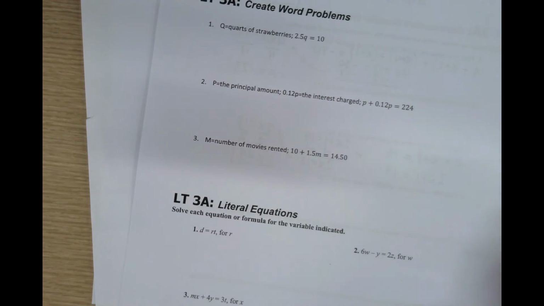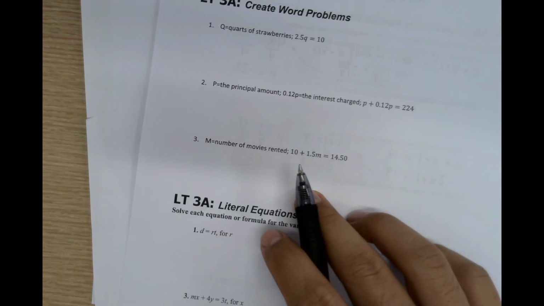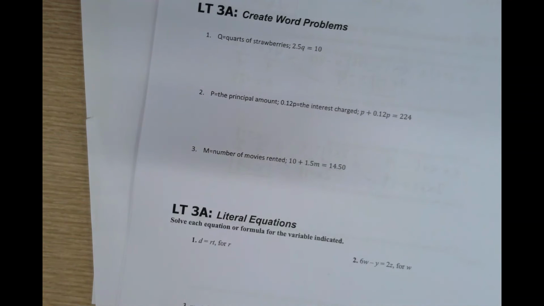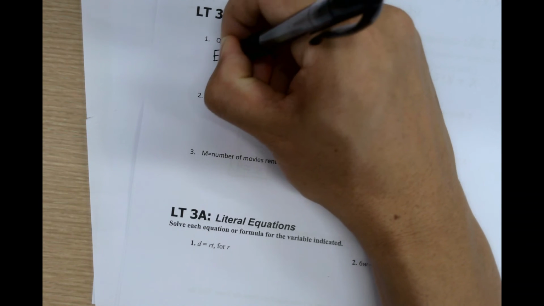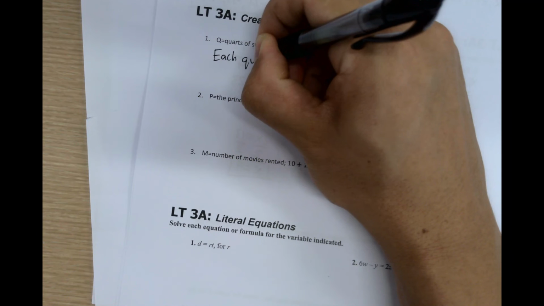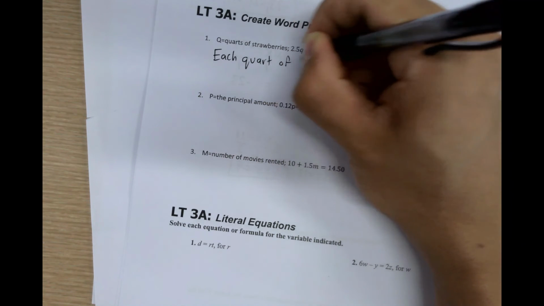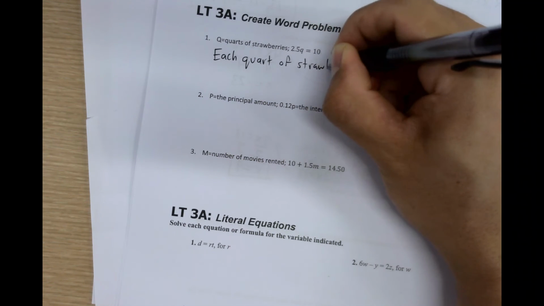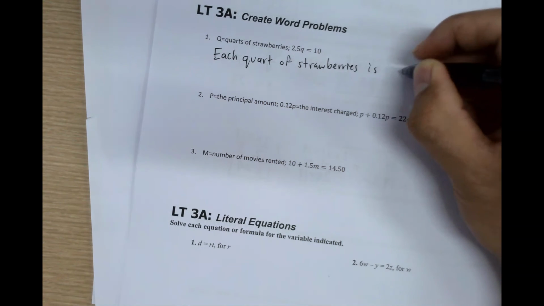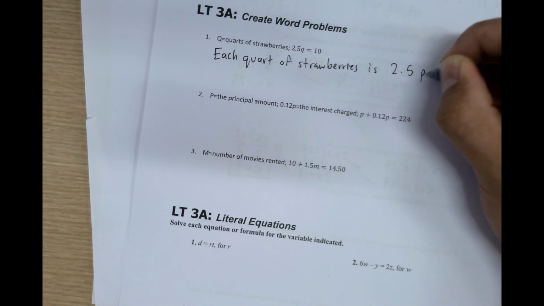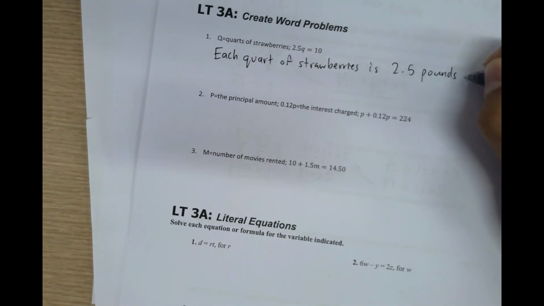Okay. So as an example here, I'm going to write one of the stories. Each quart of strawberries is 2.5 pounds of strawberries.